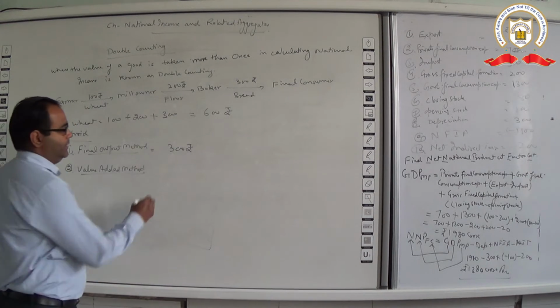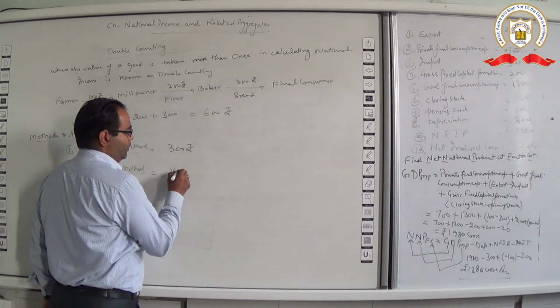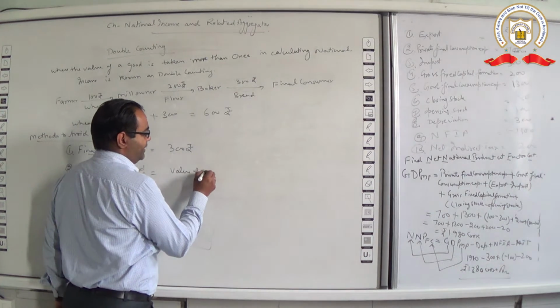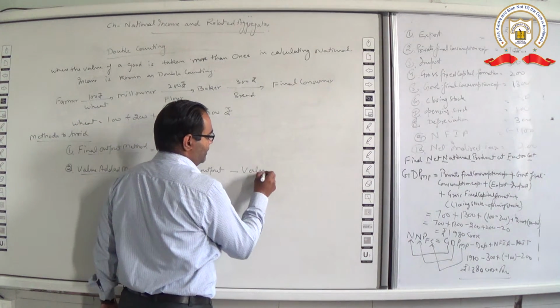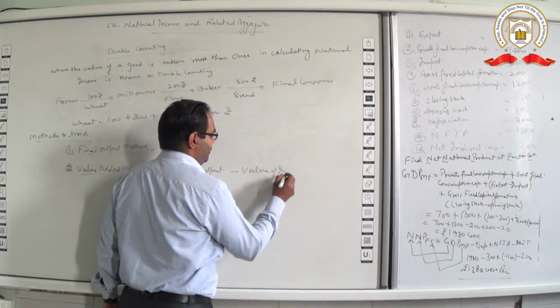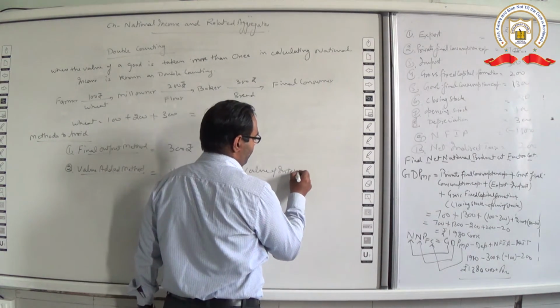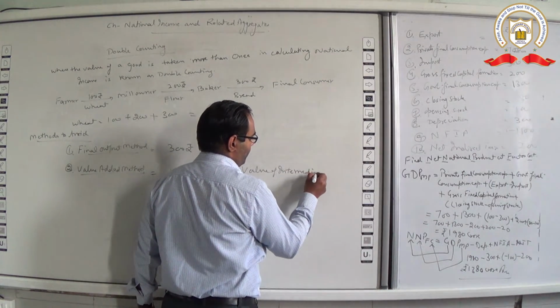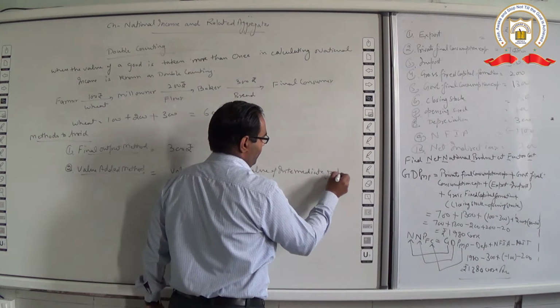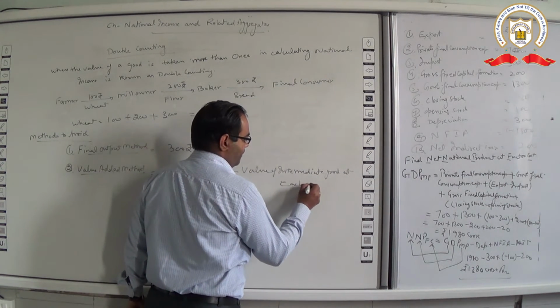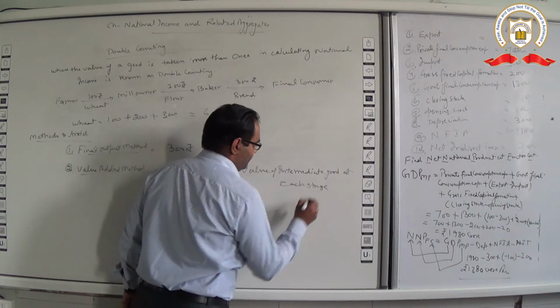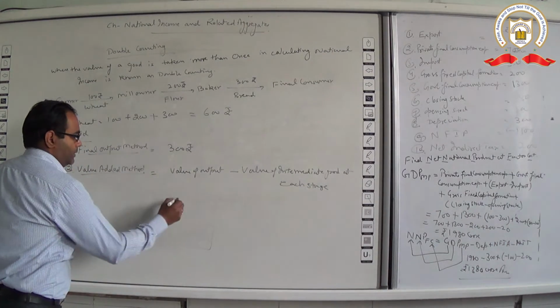In this method, the value of intermediate goods will be subtracted from the value of output at each stage. How?